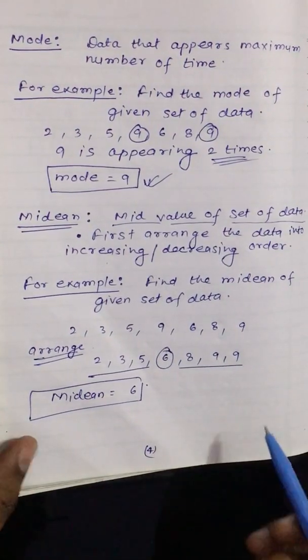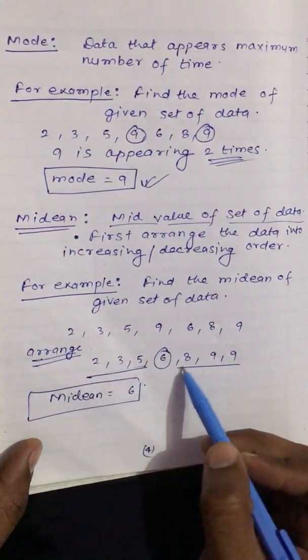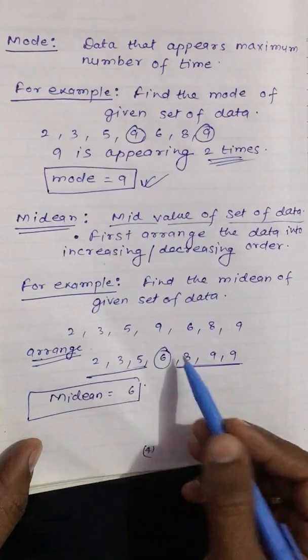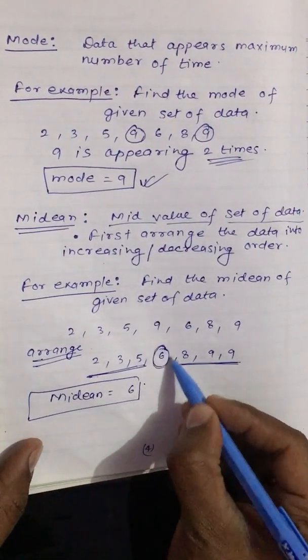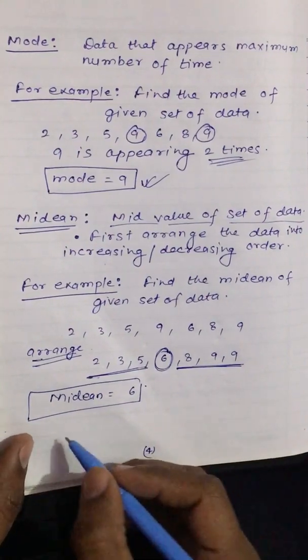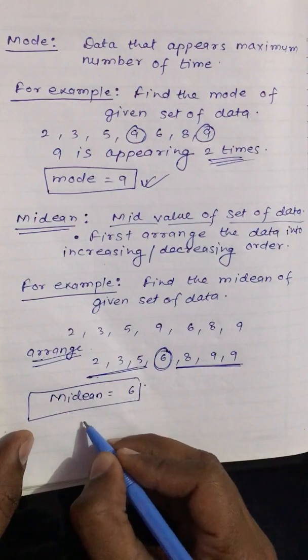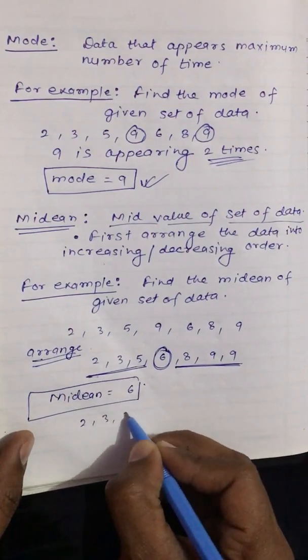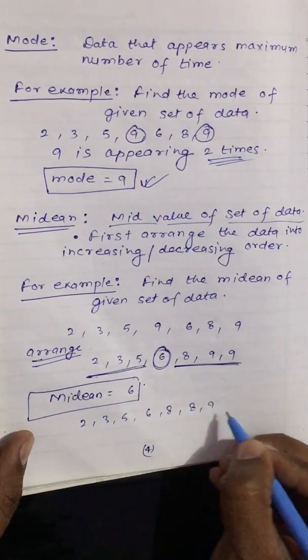As I said, the median needs to be the middle term. So I see 3 terms on this side and 3 terms on this side, right? So the middle term is 6.